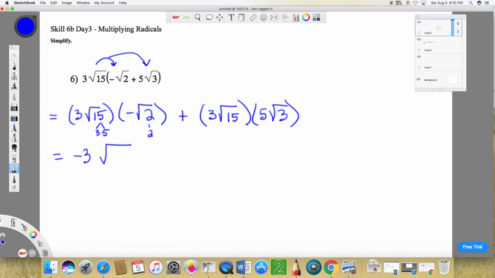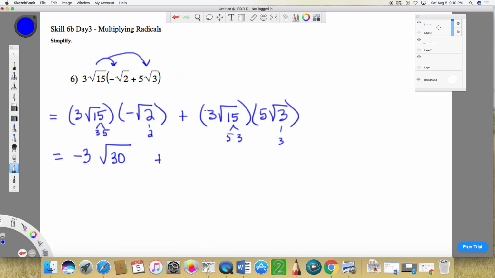And underneath this radical, 3 times 5 times 2 is 30. And we cannot simplify the square root of 30. Now over here, we are going to be able to simplify. We've got 5 times 3, and then with this square root of 3, hey, you have a pair of 3s.